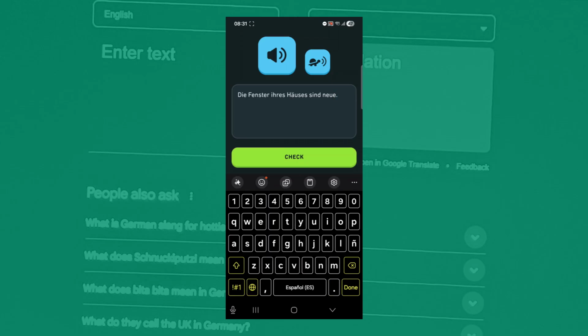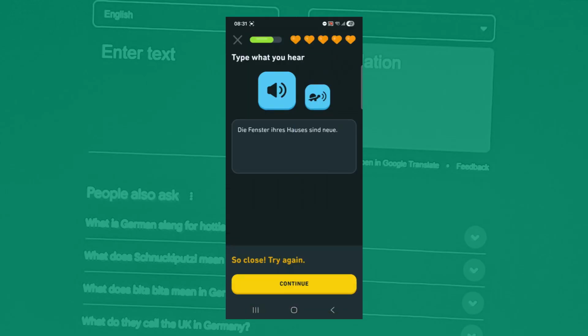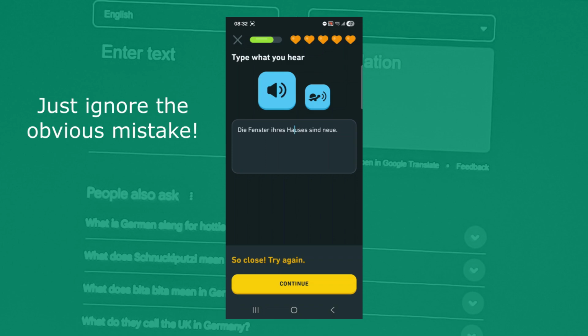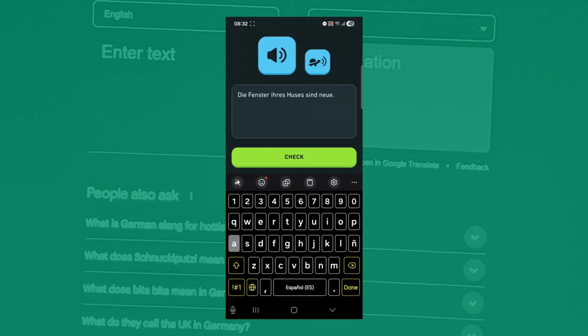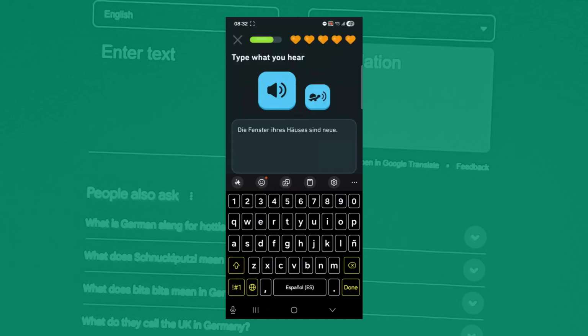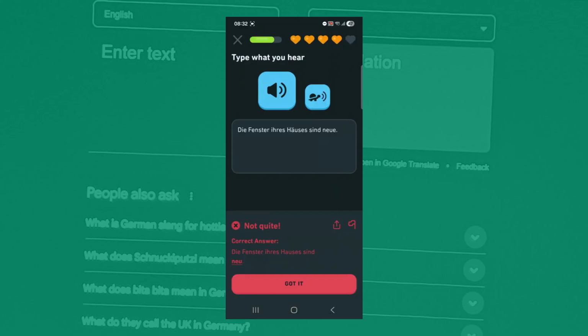Maybe it doesn't have the umlaut because it's actually singular. Maybe it does have the umlaut then. Die Fenster Ihres Hauses sind neu. Oh. Okay.